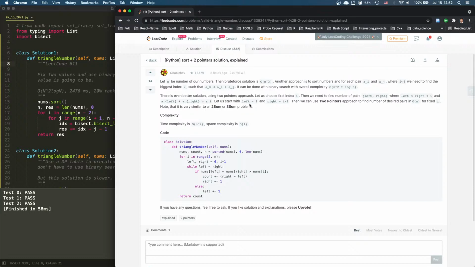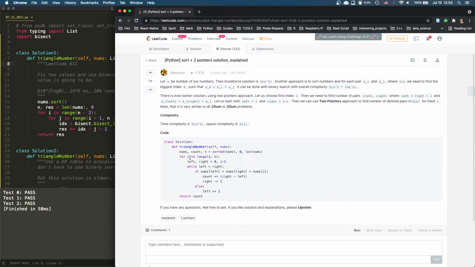Let's start with left equals 1, and right equals i minus 1. And then we can use the two pointers approach to find the number of desired pairs for index i. Very similar to threesum.